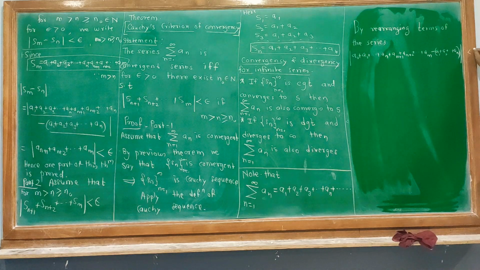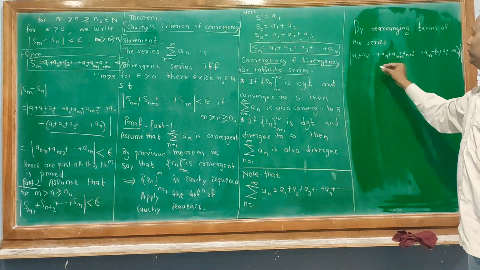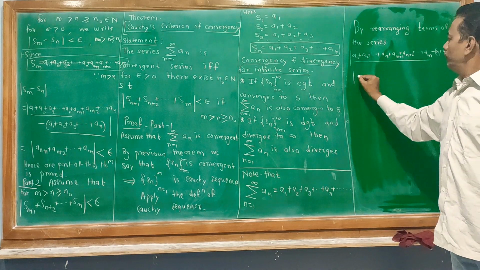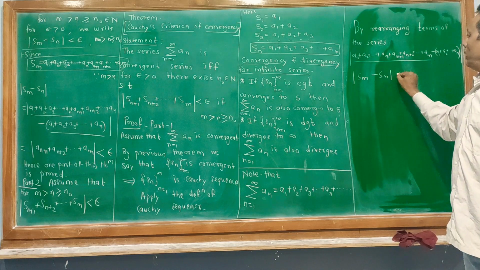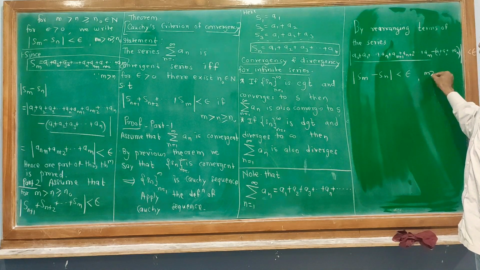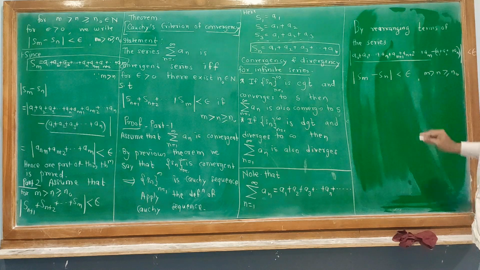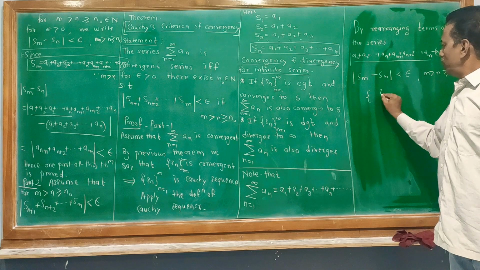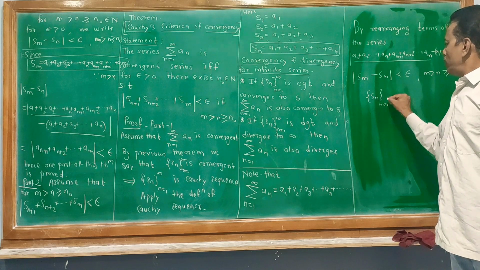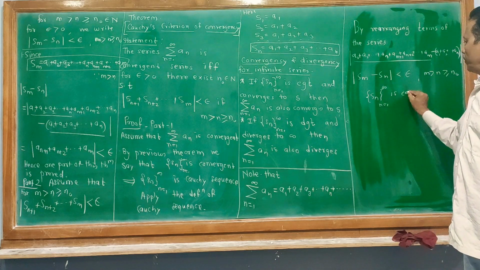It means that this is Sm, this is Sn, and the difference is less than epsilon. And hence it is a Cauchy sequence.